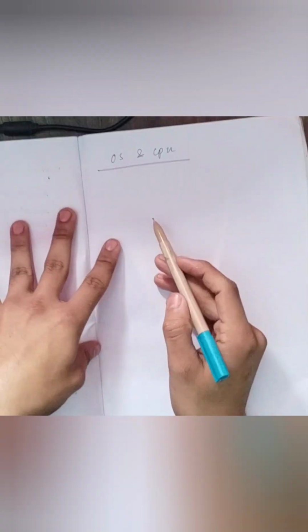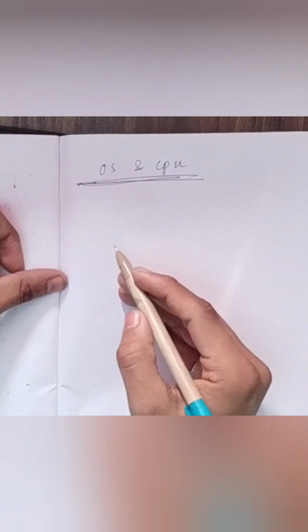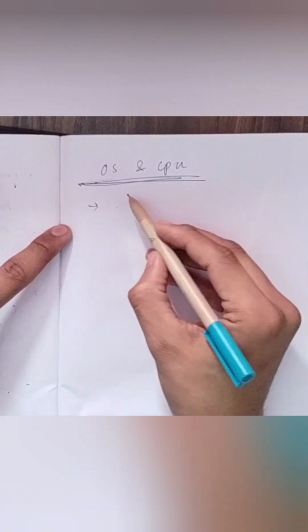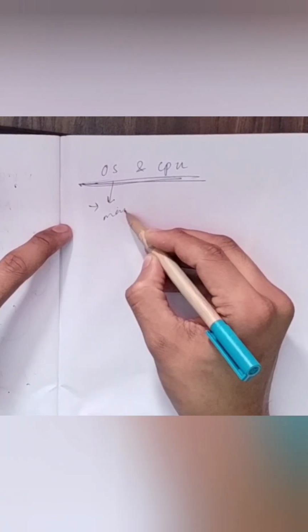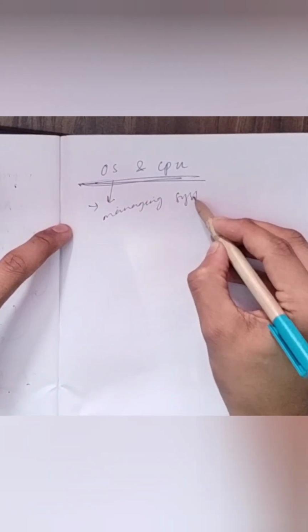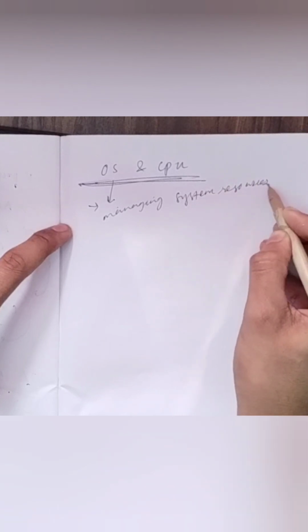Okay, and then we are now jumping to the second part of the video where the operating system and CPU come into the picture. In a future video we will have one elongated session where we discuss the operating system and CPU in detail. For now just understand that the operating system plays an important role in managing system resources. Our systems have limited resources.